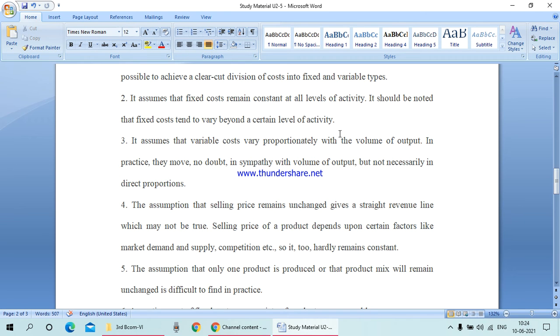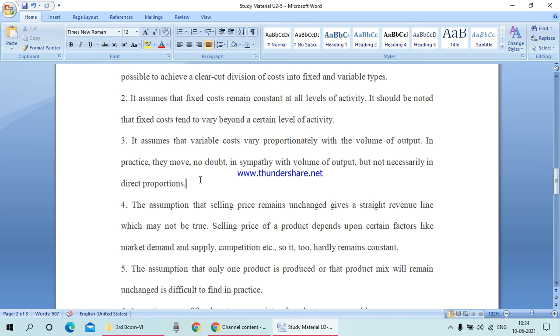See, a one unit increase in the variable cost may not lead to a one unit increase in the cost.